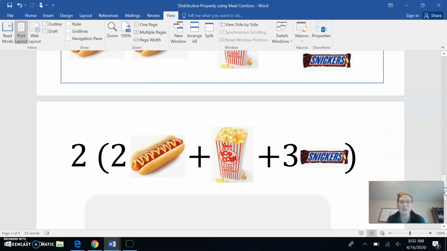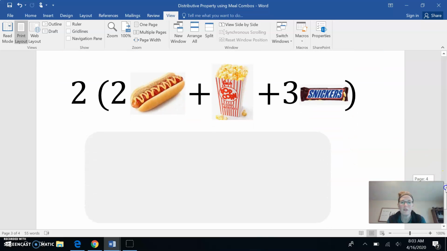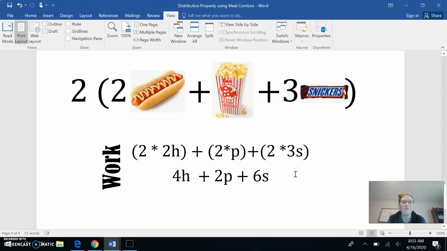Here's the original problem again. Mathematically, I'm going to take that 2 and multiply it by 2 hot dogs. I'm going to take 2 and multiply it by the popcorn, and I'm going to take 2 and multiply it by the 3 Snickers. So I did 2 times my 2 hot dogs. Then I added, because it was an addition sign here, then I did my 2 times my popcorn.